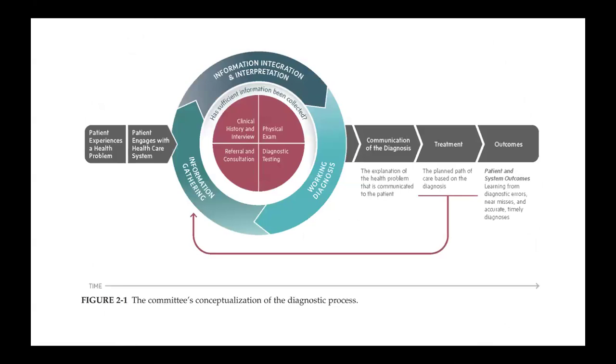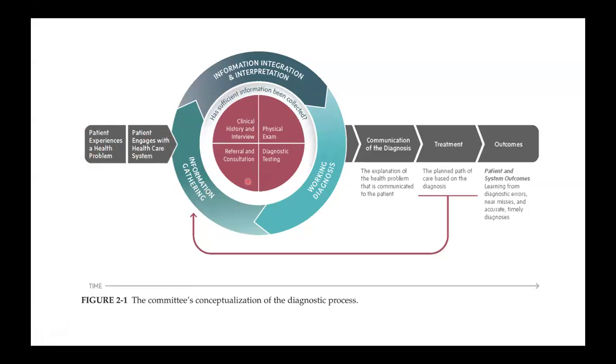This diagram was used in this publication to really explain the diagnostic process, and I find it to be quite summarized and succinct. It shows here that the patient will experience a health problem and then will engage with the healthcare system.